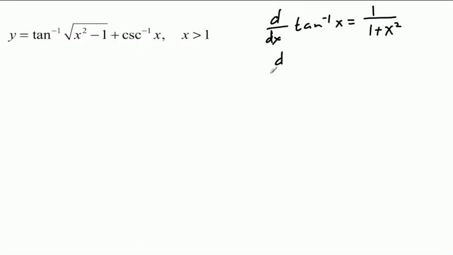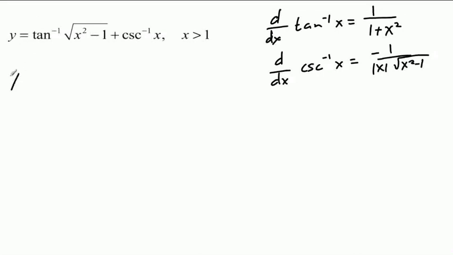And the derivative of the cosecant of x is going to be negative 1 over the absolute value of x times the square root of x squared minus 1. All right, knowing that information, we can probably finish this up.